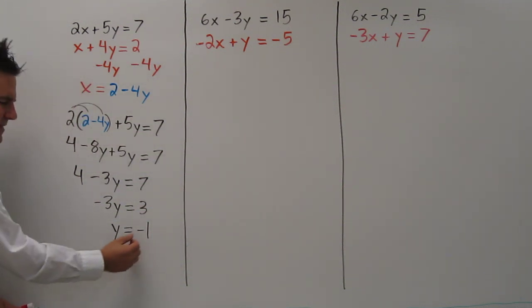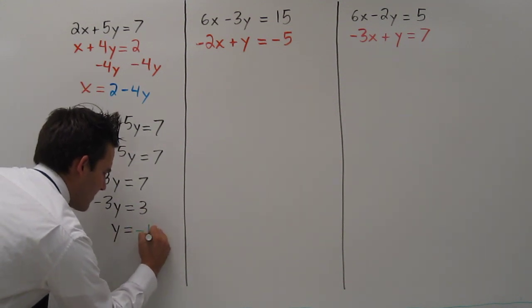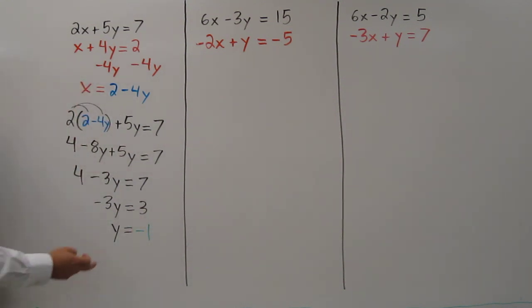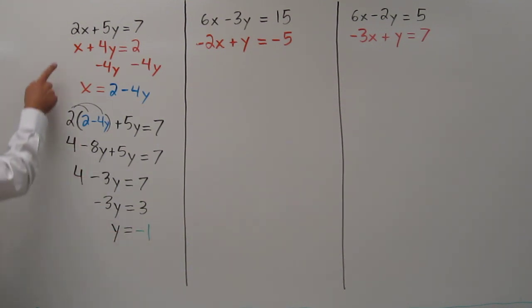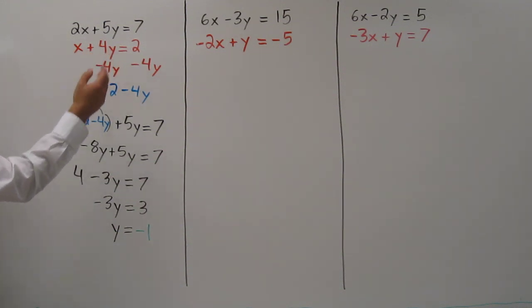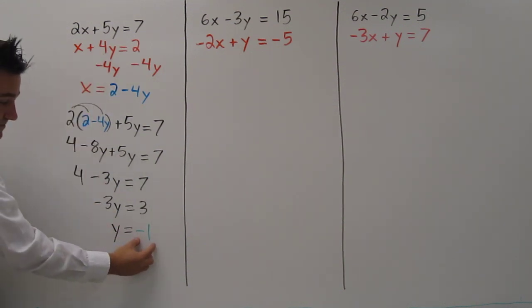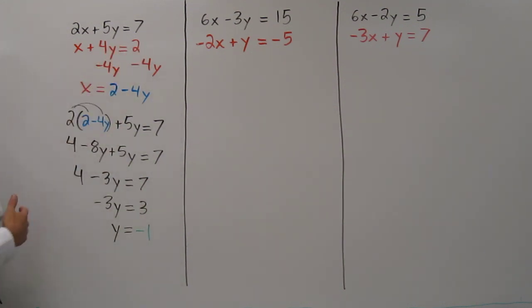And I'm going to rewrite this negative 1 in a different color. The reason is, whenever I see y now, I can simply write the number negative 1. So let's go back to our red equation. Instead of x plus 4y equals 2, I can say x plus 4 times negative 1 equals 2.